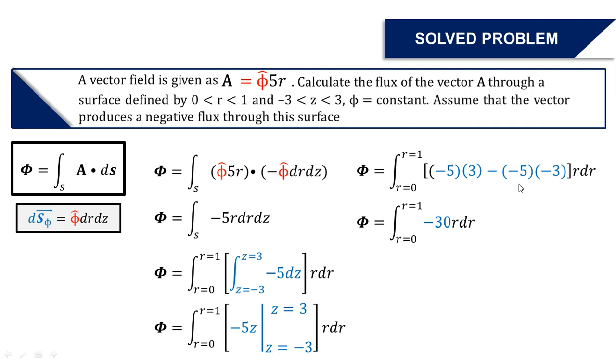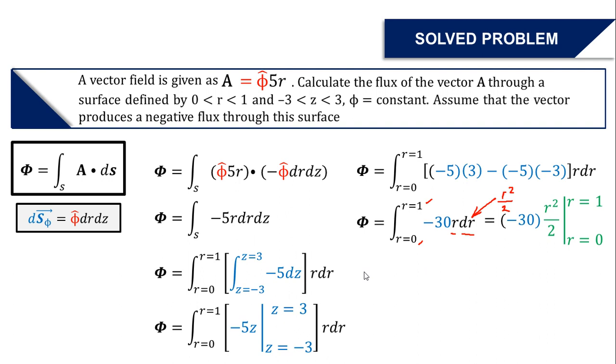Yan. So, dito, kung mapapansin natin, isa na lang yung ating variable, r na lang siya. So, straightforward na to, pwede na nating evaluate yung integral from 0 to 1 of negative 30 r dr. And yung integral ng r dr is actually r squared over 2, right? Plus C, pero dahil meron naman tayong limits, hindi na kailangan yung plus C. So, ano na sagot natin dyan?